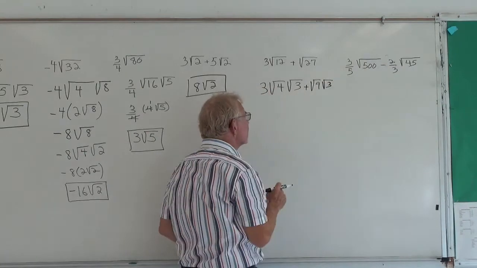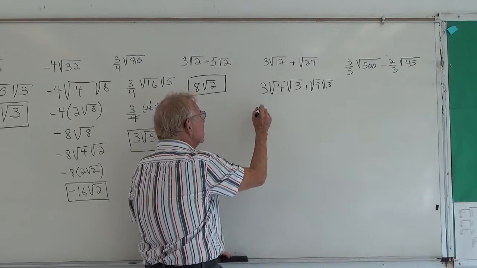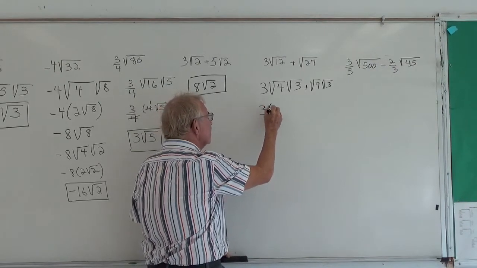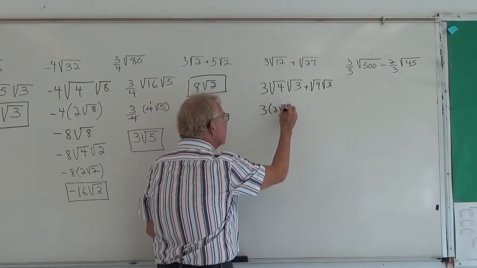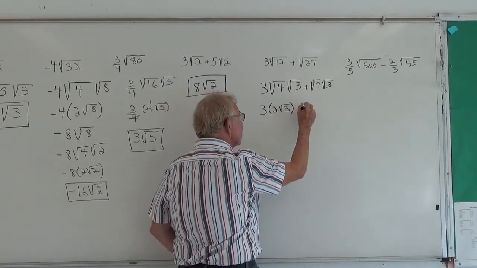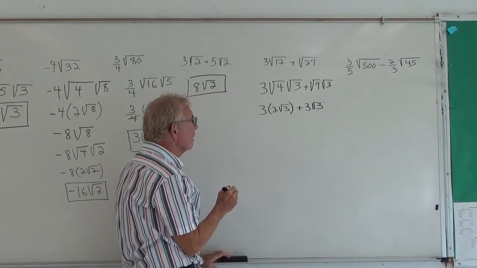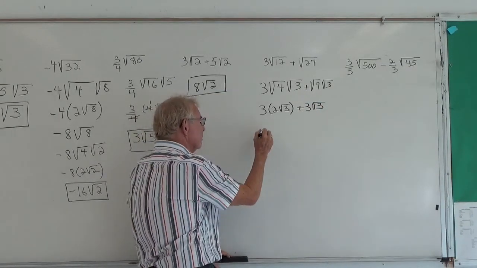Both radical 3. What's square root of 4? Principal square root. You say 2. What's principal square root of 9? You say 3. What's 3 times 2? 6.